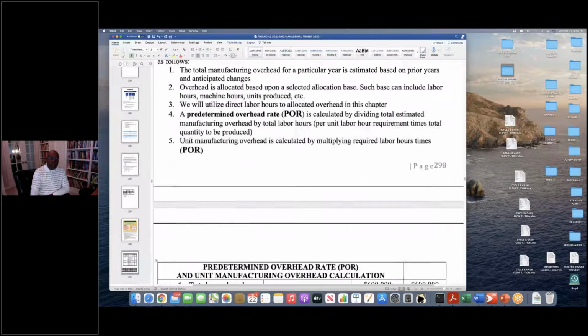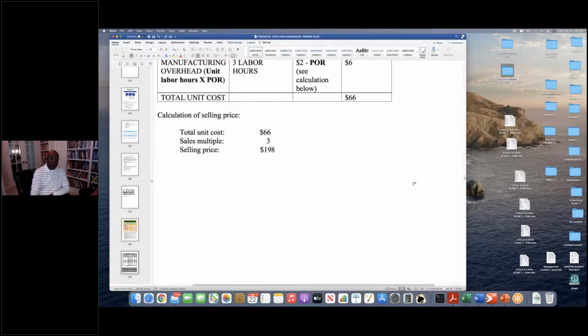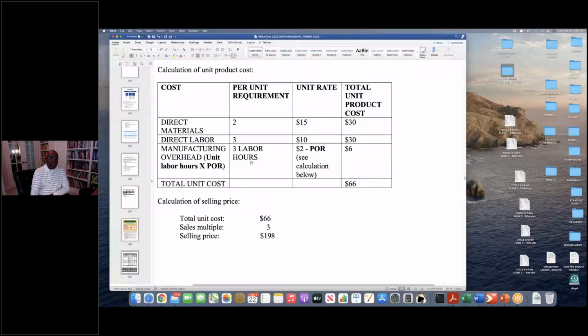So going back up here again, the calculation of the 2 times the 3 labor hours gives us the 6. So some of this will change, but if we were making 10 per hour, it will be a big difference.